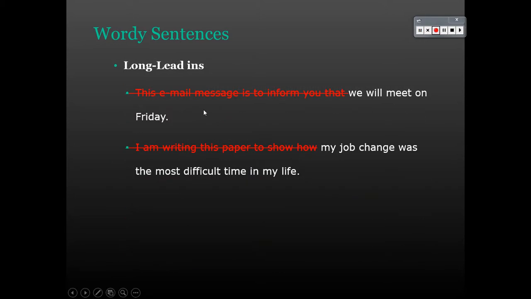Long lead-ins. "This email message is to inform you that we will not meet on Friday." "We will not meet on Friday" is succinct and avoids all this nonsense. "I am writing this paper to show how my job change was the most difficult time in my life." And I saw this in some of the essays where you would introduce your second reason by saying, "Now I'm going to discuss how gun laws would reduce the overall death rate."